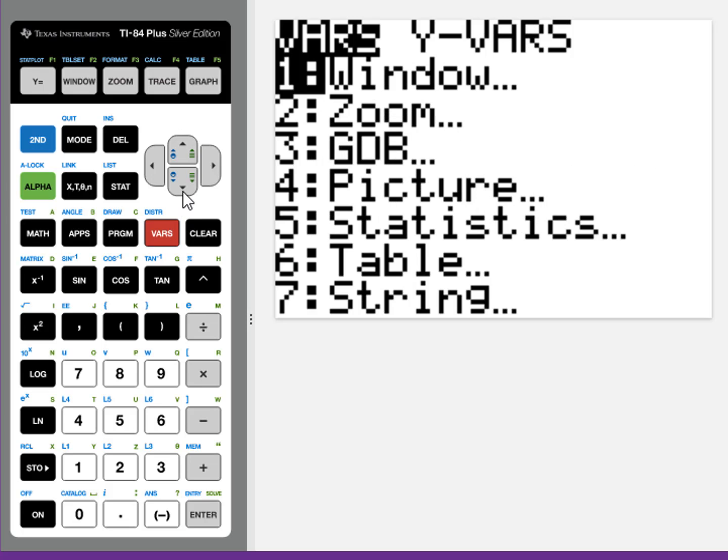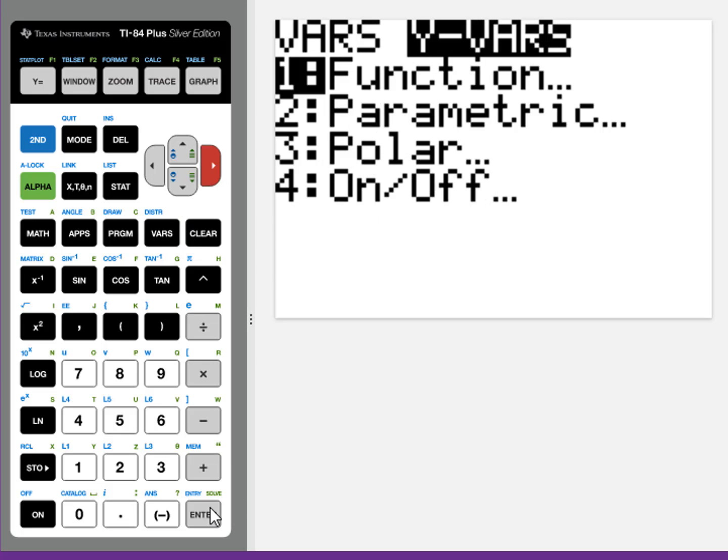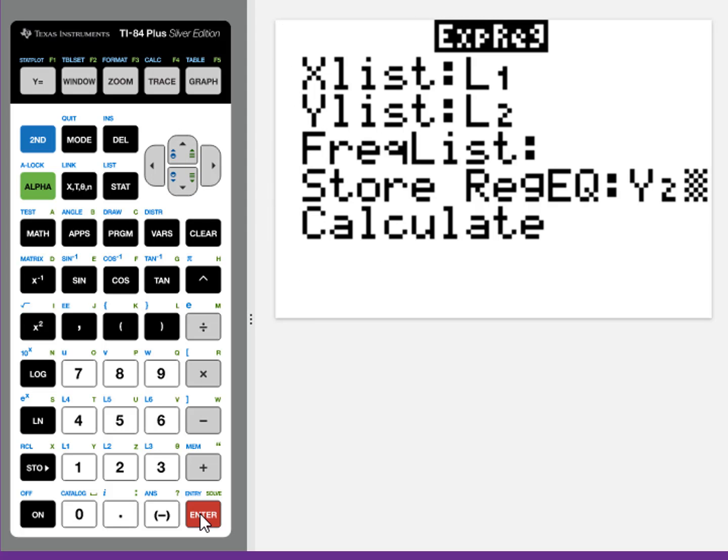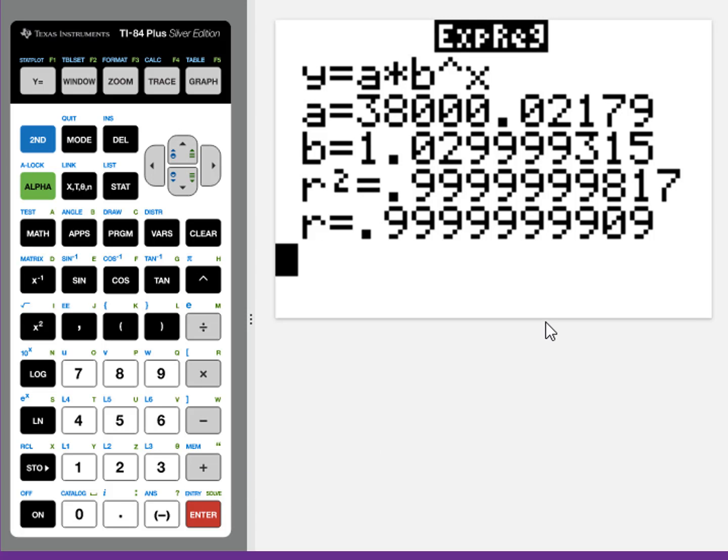Go to Variable, Y variable. This time I want to store this equation into Y2. So enter, enter, enter. Then this time you compare the R. The R we call the correlation coefficient. Whichever is closer to 1 will be the best fit.